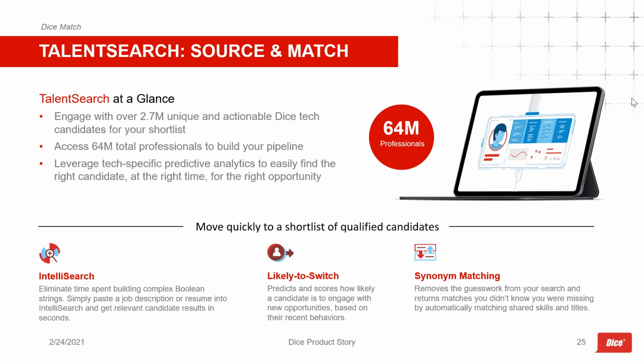We have a likely to switch feature that focuses on some recent behaviors by those candidates. So maybe they just performed a job search in the last 30 days. And finally, another feature in TALENTSEARCH is our synonym matching. So we can also uncover skills and titles that are related to what you're looking for. So we can increase that pool of talent as you source. So we can jump to the next slide.